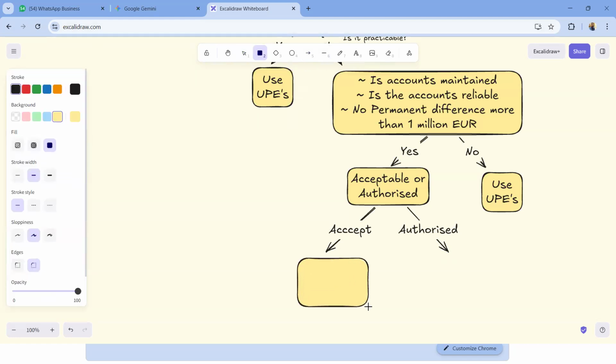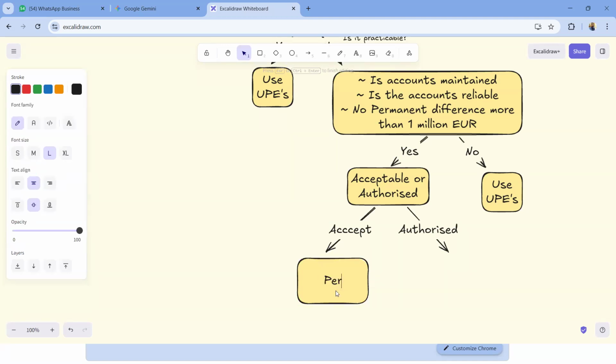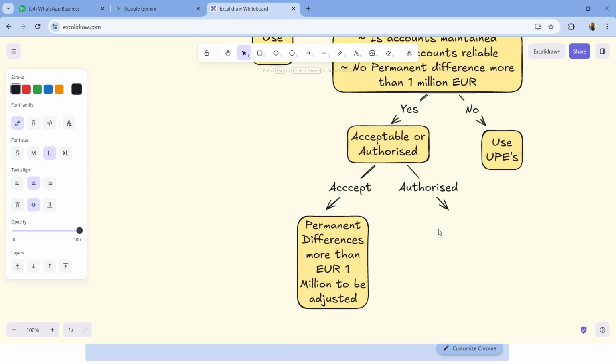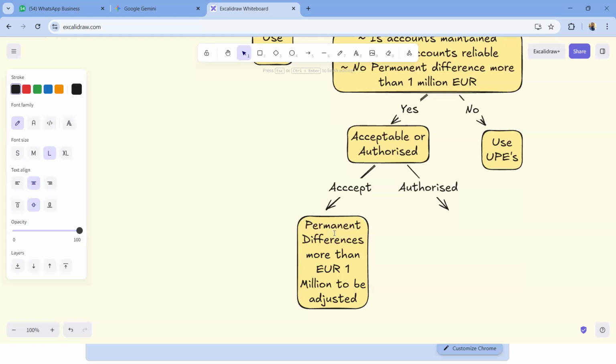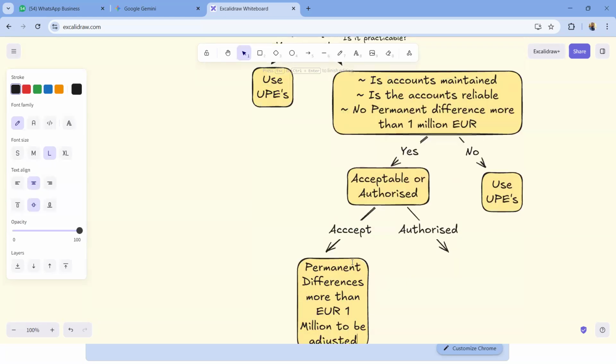All the permanent differences more than 1 million to be adjusted. Yes, if it is an acceptable accounting standard, like IFRS and all, then you have to adjust all the permanent differences more than that.